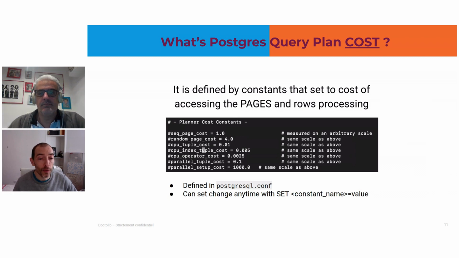Those constants are stored in a file called postgresql.conf, and each of these constants defines a cost of accessing pages and processing rows. The funny thing is that you can change those values inside your session by doing SET, the constant name equal the value, and you'll get a different cost calculated.